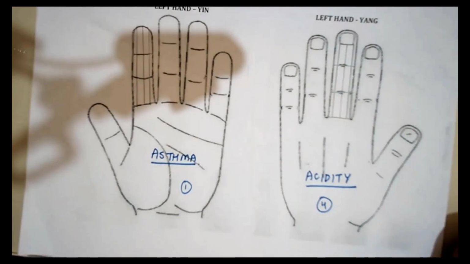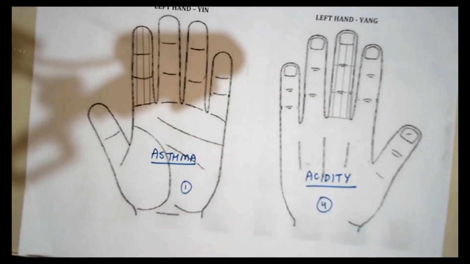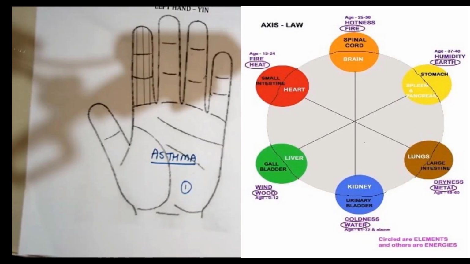So we have to tonify the lung meridian to heal the asthma symptoms, to harmonize the lung meridian. How will we do it? According to the axis law, we know that the lung meridian is brown in color. And because we have to tonify, we will use the same color.